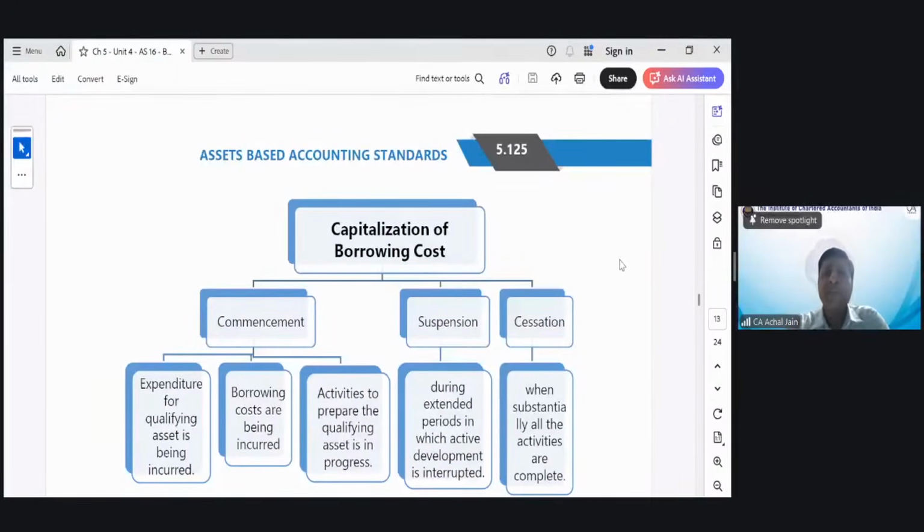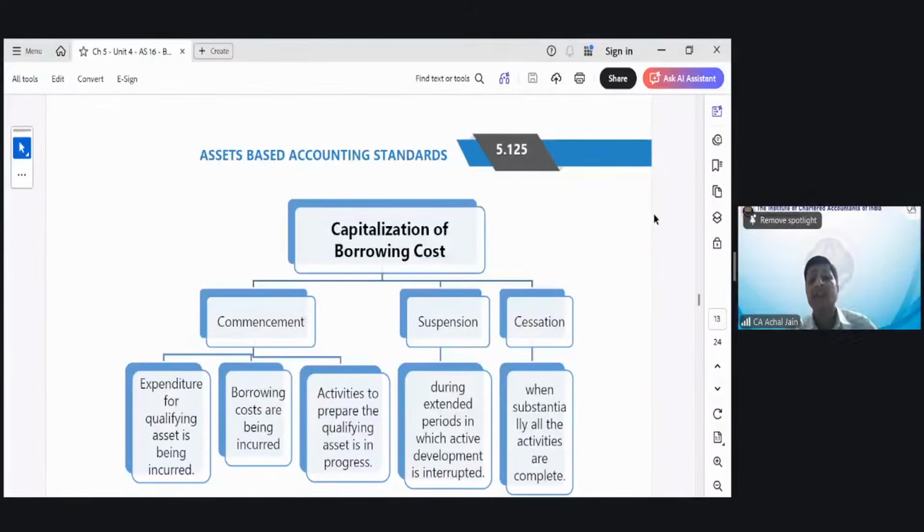Okay, so I think we have this in front of you on the screen right now in terms of the capitalization. So when do you start it? That's the later of these three dates. When the borrowing cost is being incurred, or maybe the construction work has started, or you can say the active development on the construction has started, right? So later of these three.